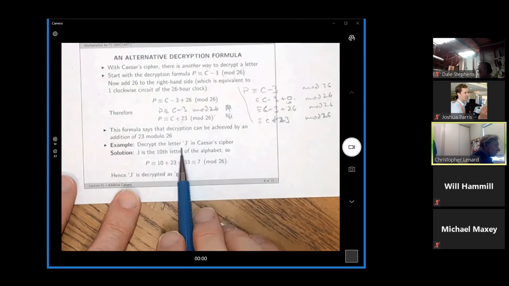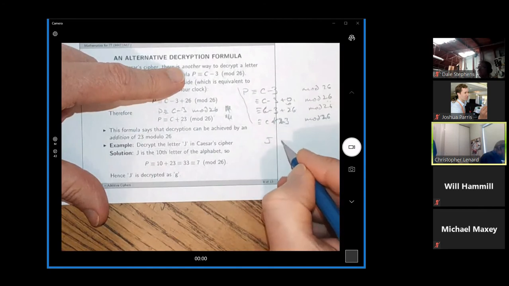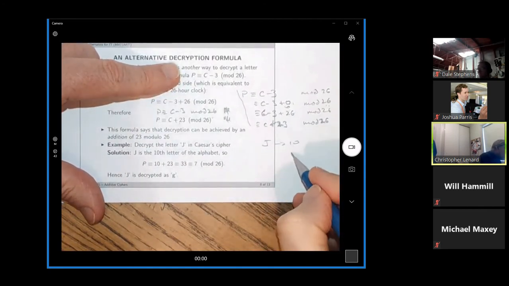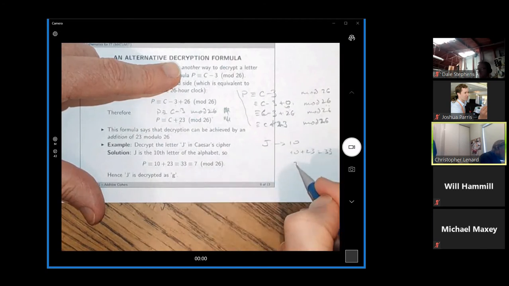So if I want to decrypt J, J is the 10th letter in the alphabet. I do 10 plus 23, which is 33. 33 is congruent to 7, so 33 is actually 7. And I translate that back into the 7th letter of the alphabet.